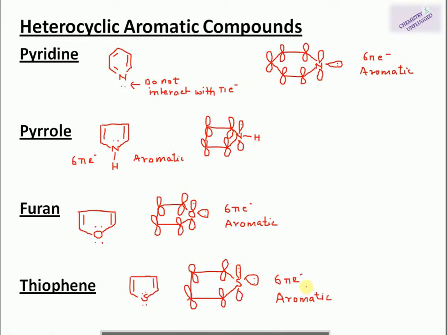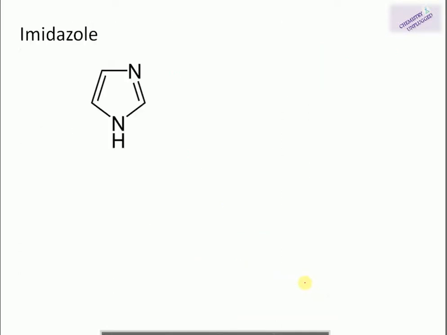Then we have an example of imidazole, in which we have 2 nitrogen atoms and 2 pi bonds present in the molecule, meaning it has 4 pi electrons. This nitrogen has 1 lone pair of electrons and this nitrogen also has 1 lone pair of electrons.